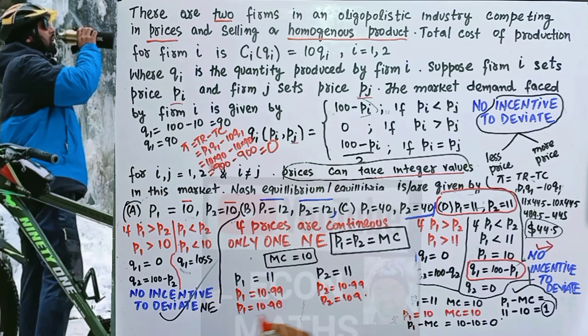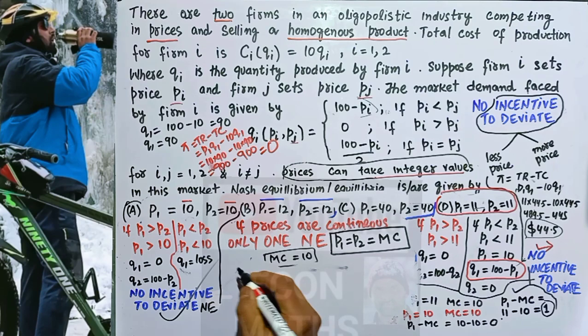So they will undercut each other's prices till they reach a point where P1 will be equal to P2 will be equal to their marginal cost. So when prices are continuous, only one Nash equilibrium occurs when both firms charge a price equal to the marginal cost.